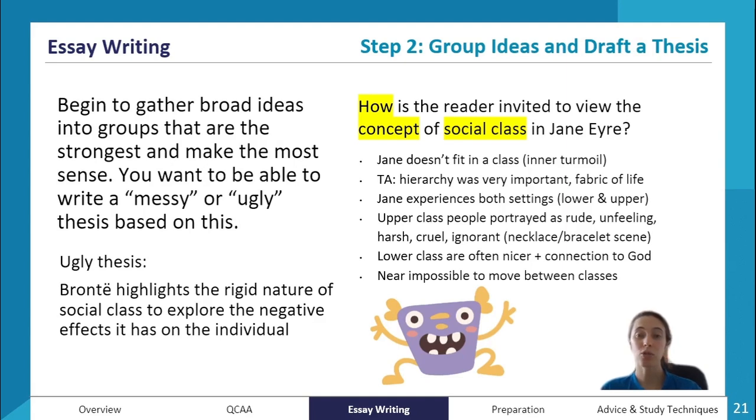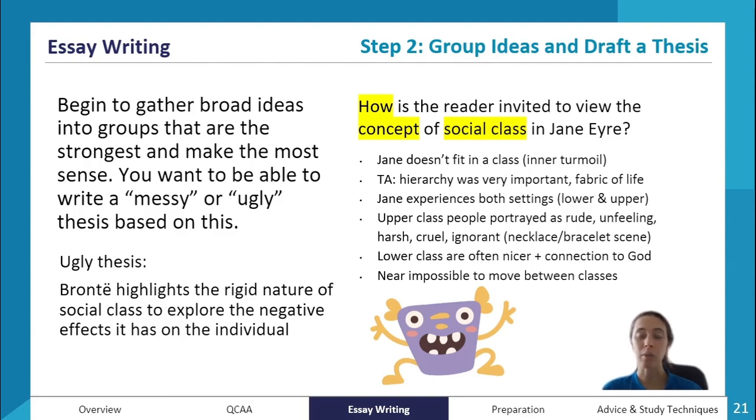Then you're going to group those ideas and draft a thesis. Gather all those ideas into groups and look at the ones that are the strongest and make the most sense for the particular prompt you've been given. While you're starting off broader, this is where you're narrowing it down a little bit more. You want to be able to write a messy, or what we sometimes call an ugly, thesis. An ugly thesis is just a rough draft of a thesis.